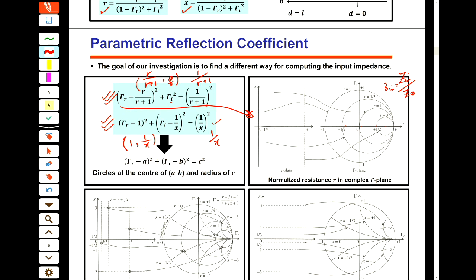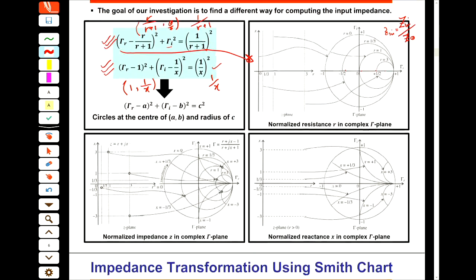Okay? If I'm looking at an impedance whose real part is 150 ohms, then it is somewhere on this circle. All right? And then for the imaginary part, we go to this graph. So these are the circles, and you see that one of the centers is 1, and the other one is 1 over x, and the radius is also 1 over x.